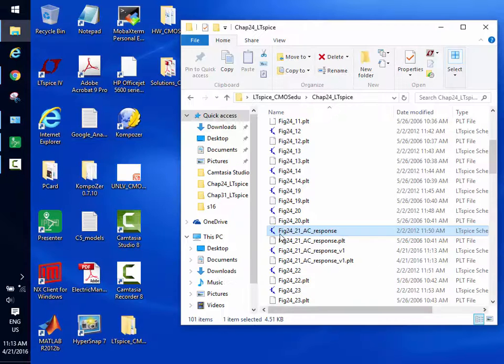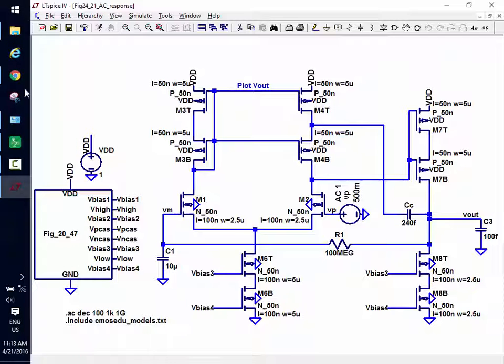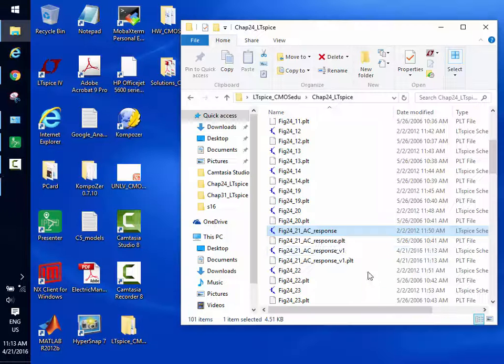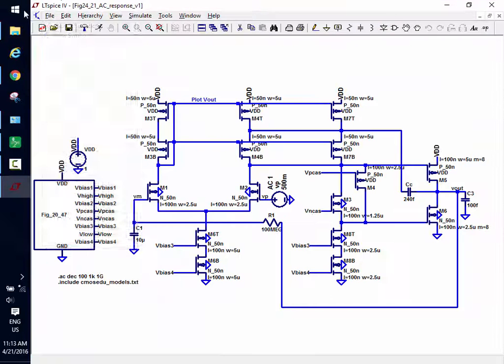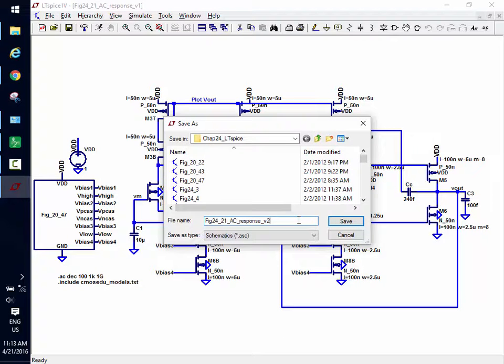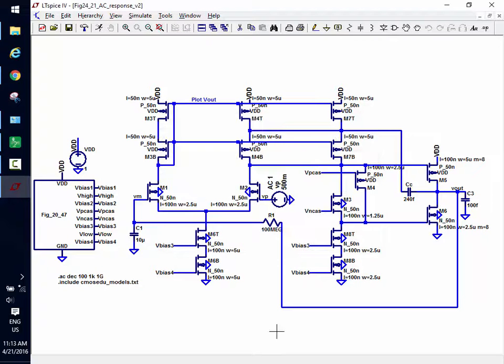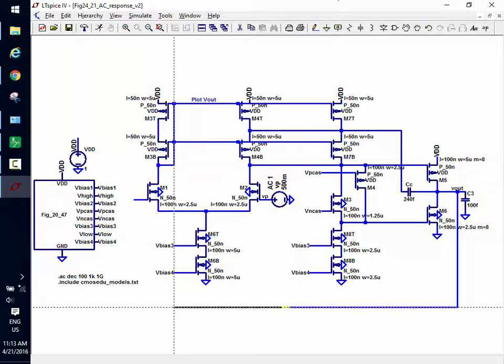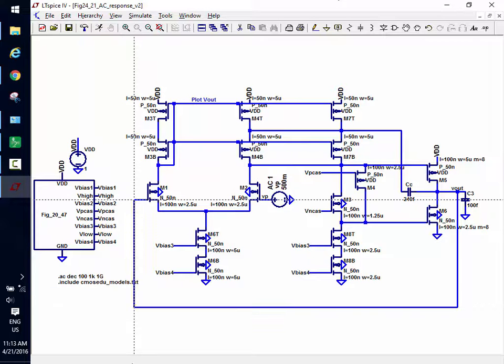Let's go back now and put it in a, where was it? Let's go to version 2 and we'll do a transient real quick. And let's get rid of these. And let's change this to a pulse.